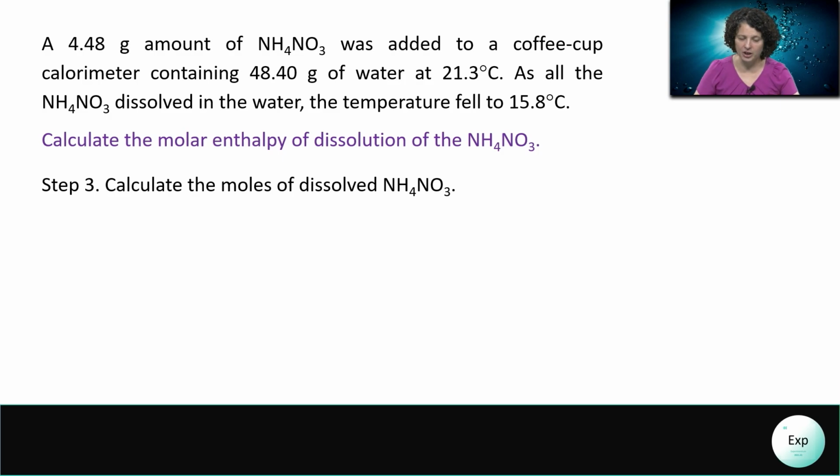But if we change the question and say, what is the molar enthalpy of the solution, then we need to do 2 additional steps. Step 1 is to calculate the moles of ammonium nitrate. So for that, we're going to start with the grams of ammonium nitrate, 4.48 grams.